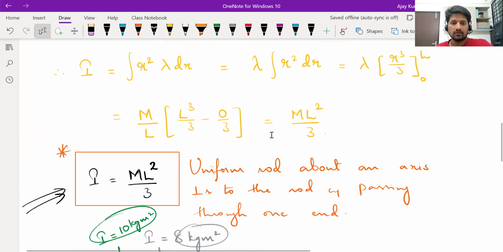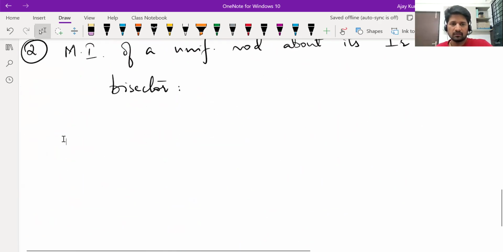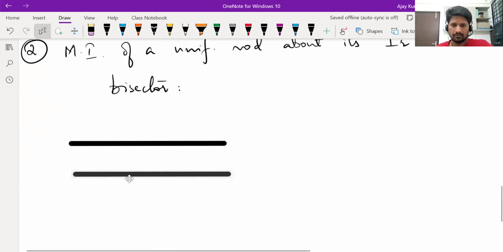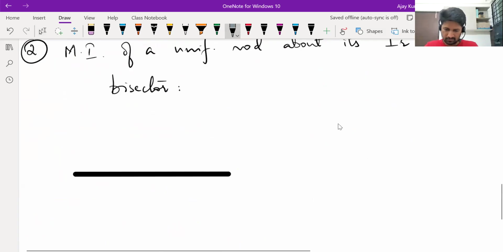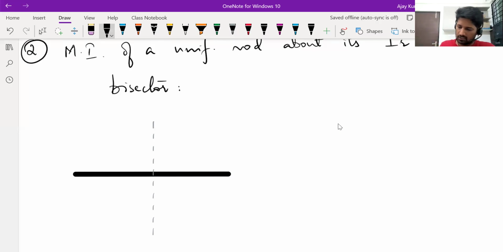A line which passes through the midpoint and is perpendicular to the rod. So maybe somewhat like this. Our aim now is to derive the moment of inertia of this rod. Rod mass is still m, length is L, about this axis.